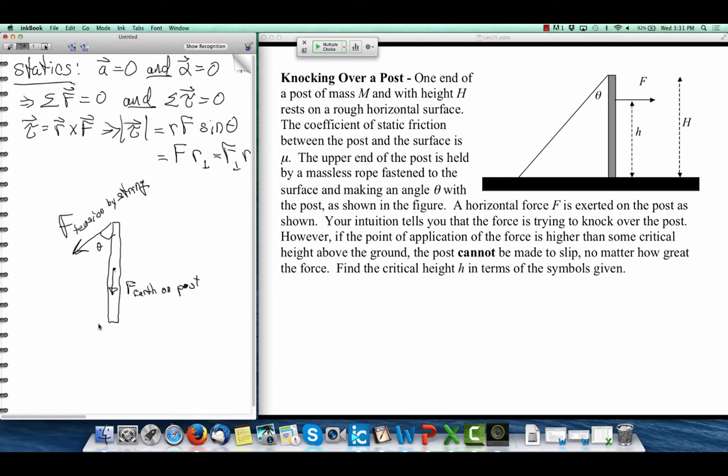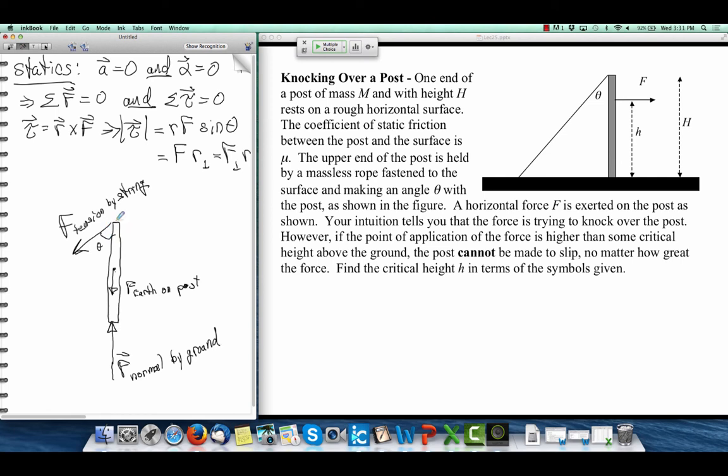And so the force upward, the normal force upward, has to cancel both of those forces, the force by the earth and the vertical part of the string force. So this is the normal force by the ground. And then, so that's the situation that you're given.